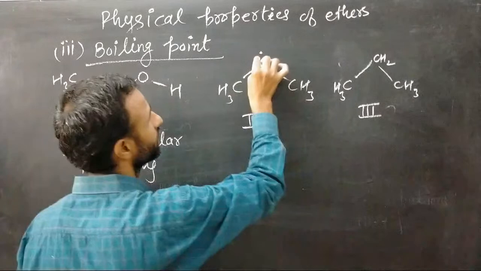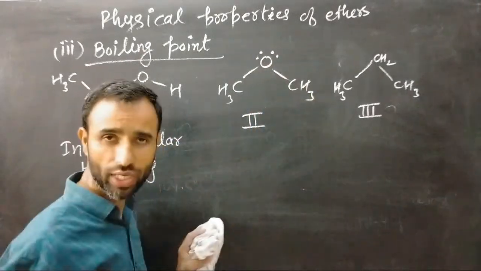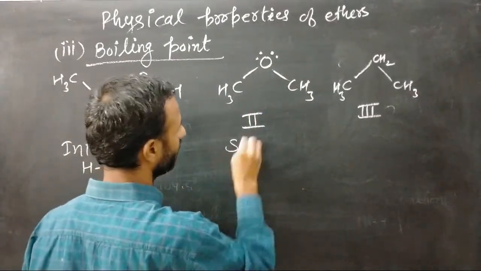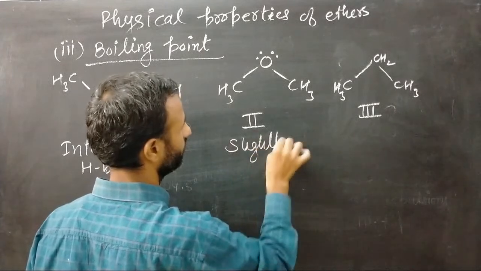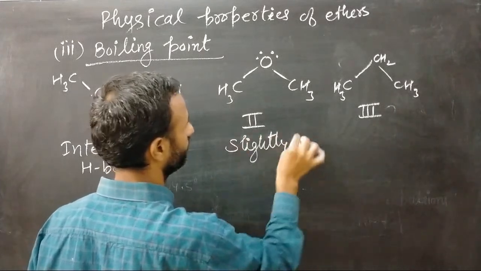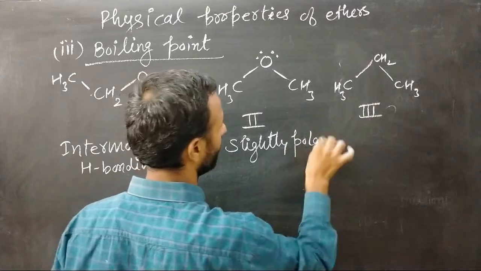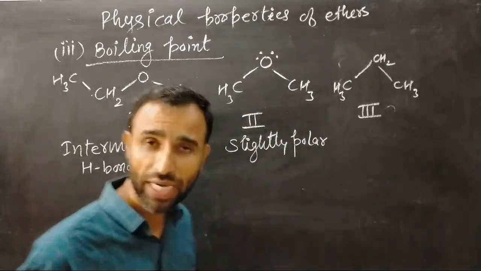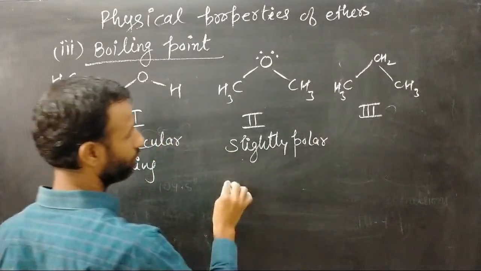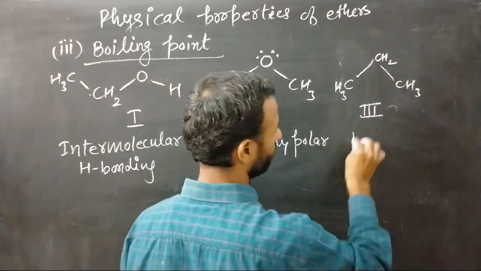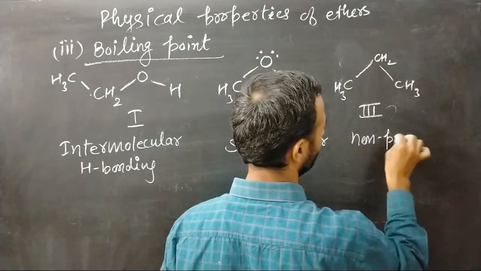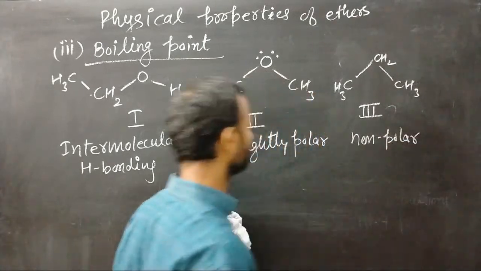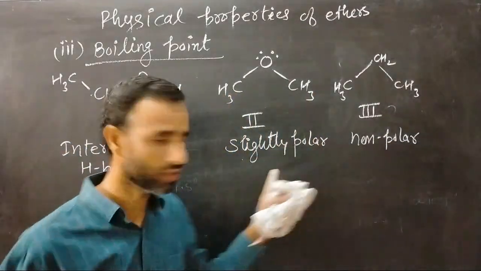Due to the presence of lone pairs and heteroatom oxygen, ether is slightly polar. But at the same time, it has a bent structure, slightly polar, and hydrocarbons are non-polar. So there is weak dipole-dipole attraction.